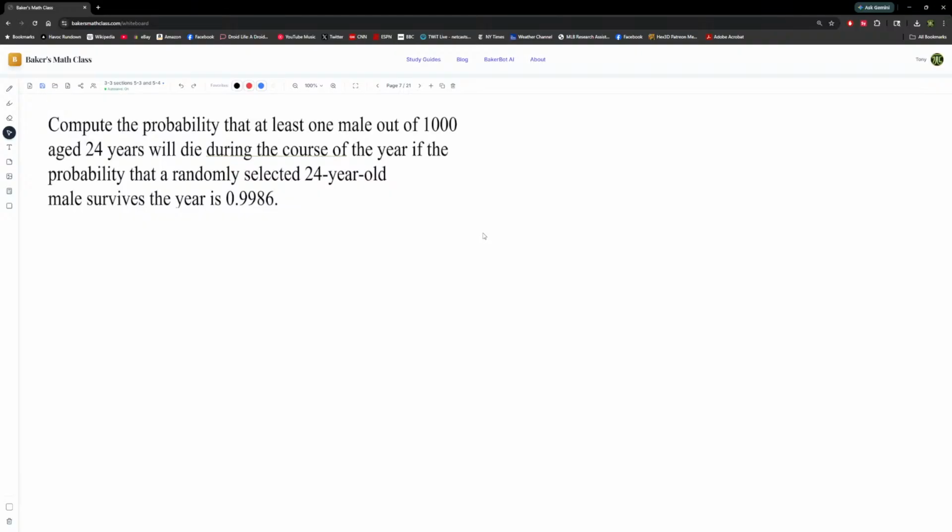So when we're looking at it that way, we can actually take it and go 1 minus that. So if we have the at least 1 male, that's that way. If I look the other direction, the only option is 0. So what is the probability that no male will die out of 1,000?